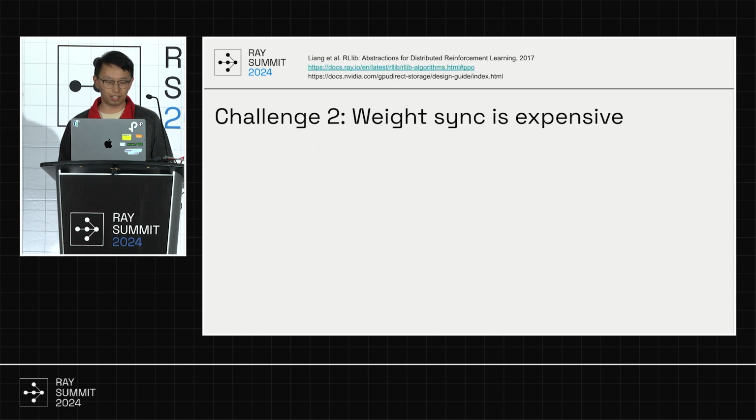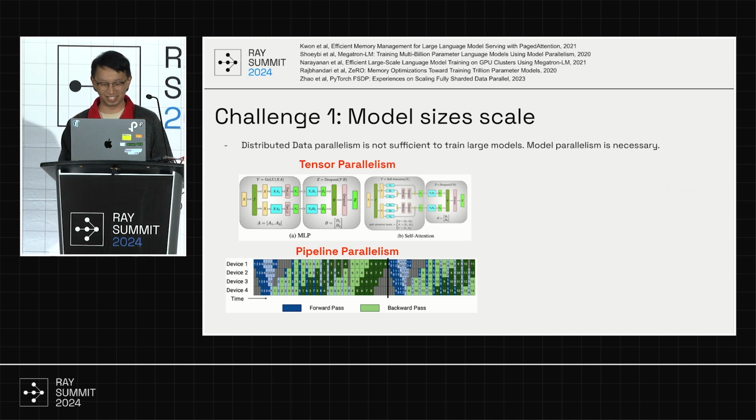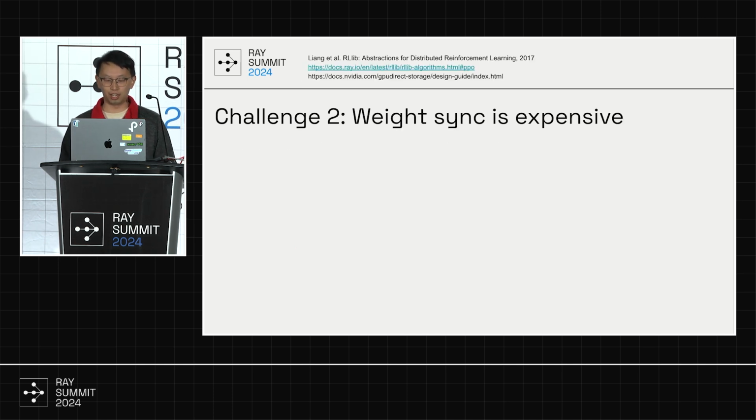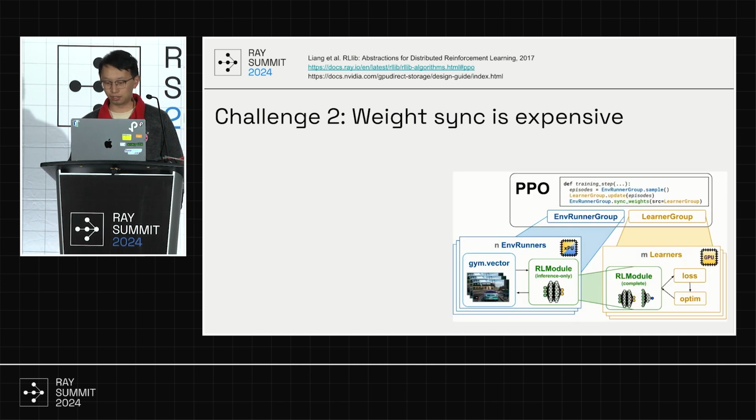The second challenge is that what PPO does is that between the learners and the environment runners, there is a weight synchronization.